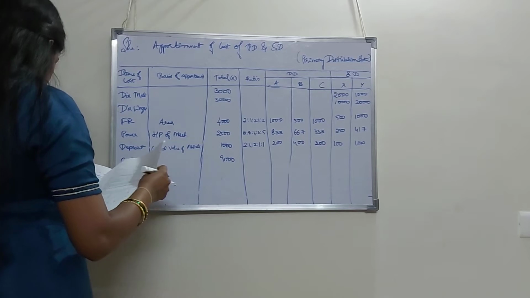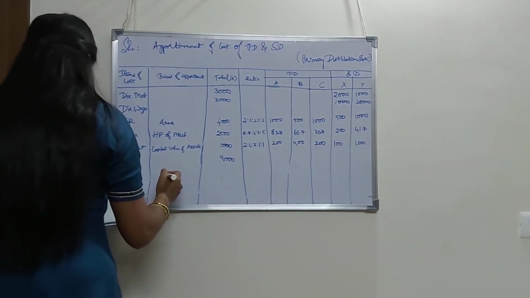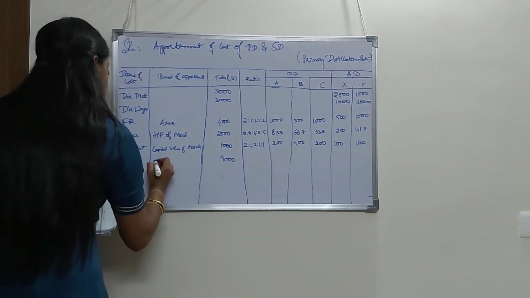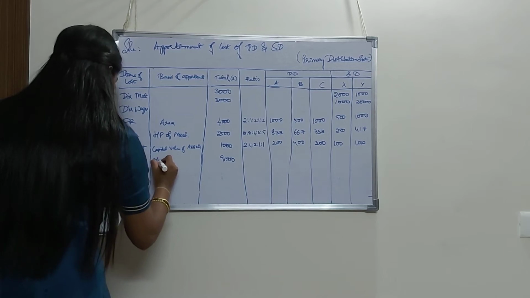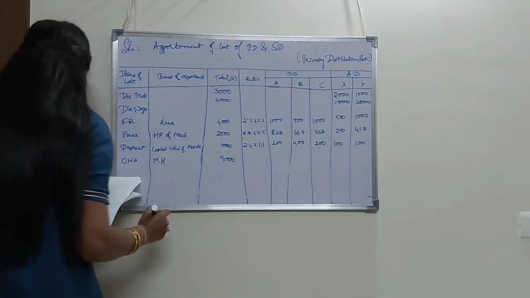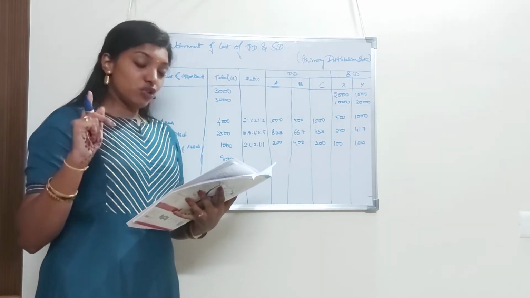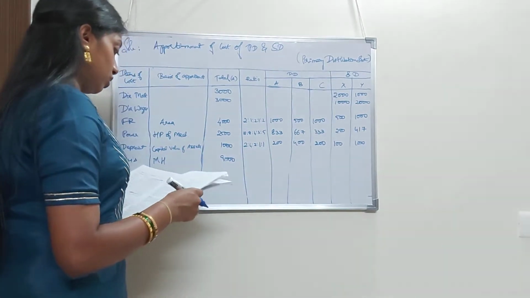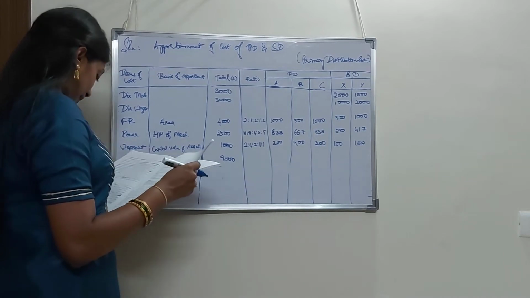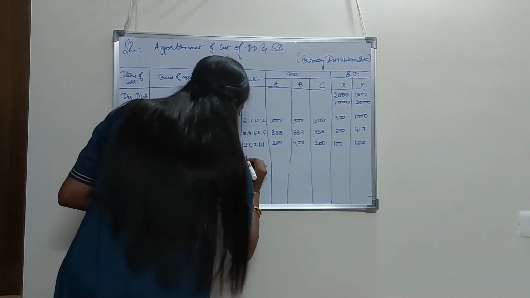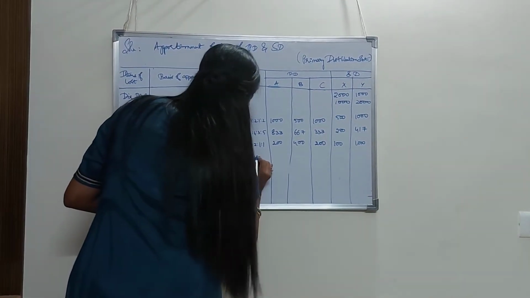After that, other overheads. Other overheads you are going to apportion on the basis of machine hours. On the basis of machine hours the ratio is 1:2, 2:4:1:1.